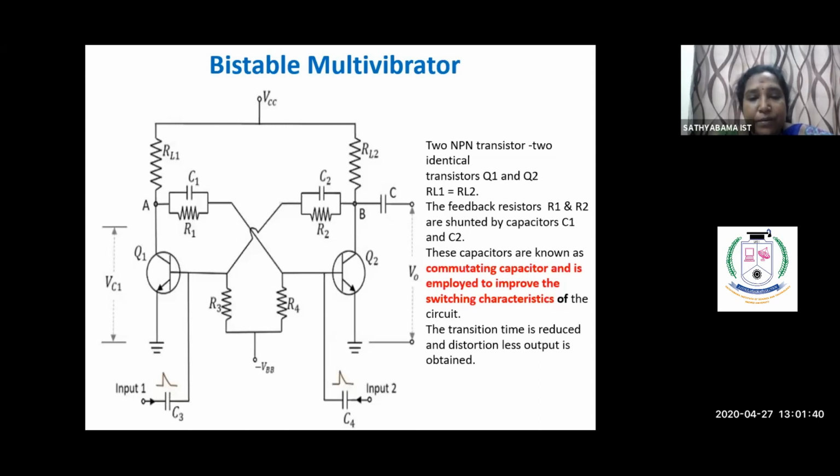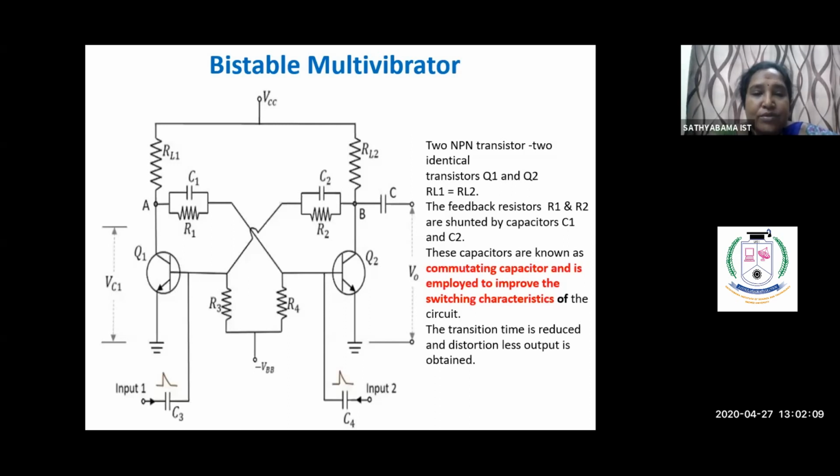If we provide a positive trigger, what happens in transistor Q2? Q2 is going to conduct and be in the switched on condition, and the output of Q2 is low. This low output is coupled through the R2 resistance and given to the input of Q1, so the Q1 transistor goes to the off state.